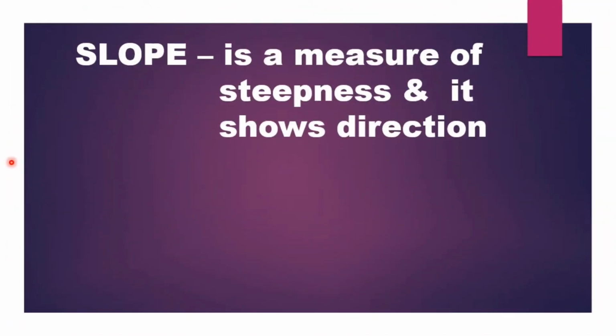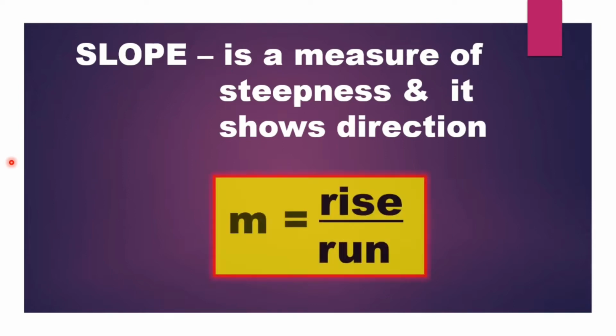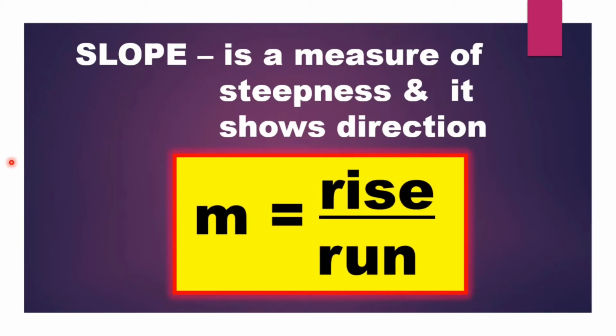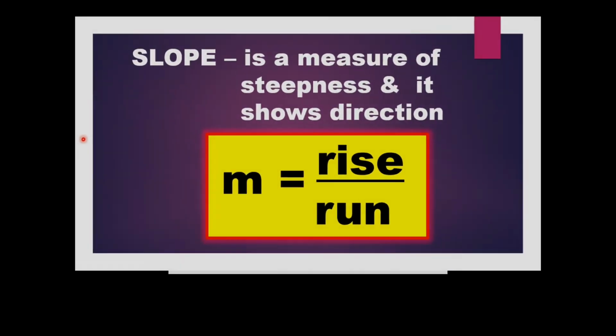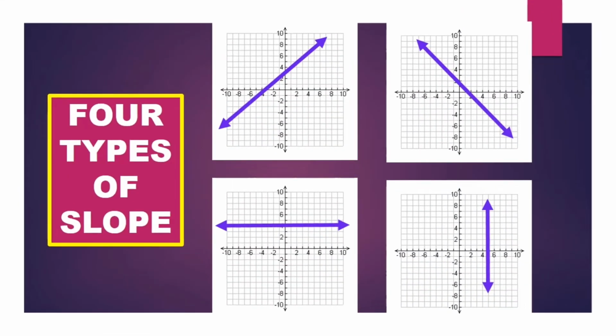Slope is a measure of steepness, and it shows direction. Slope m is equal to rise over run. There are 4 types of slope. Positive slope: the line moves upward from left to right.